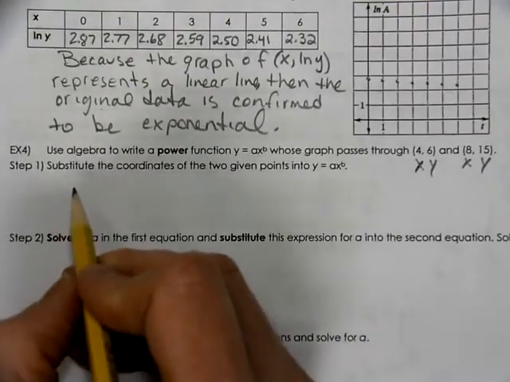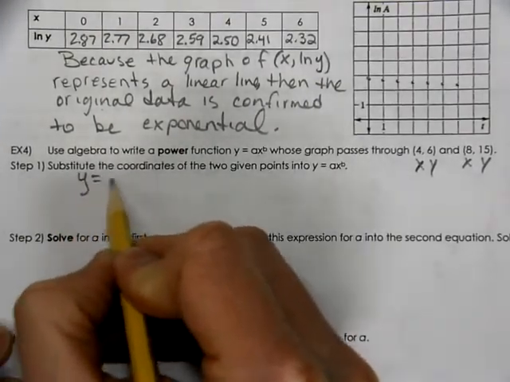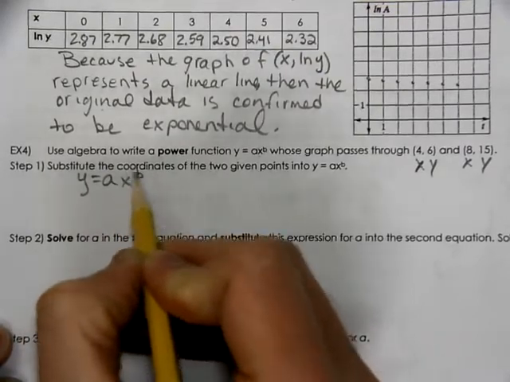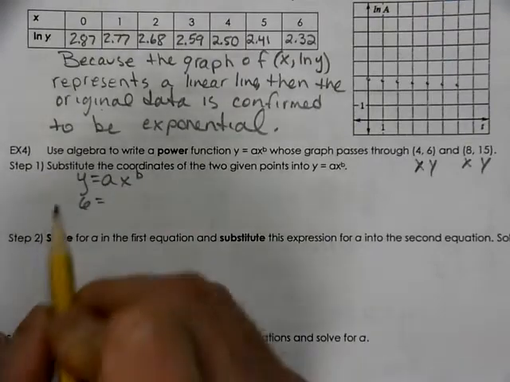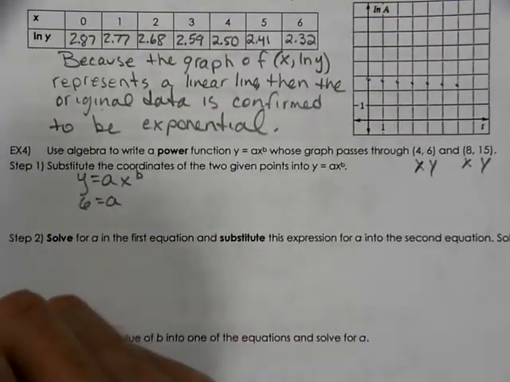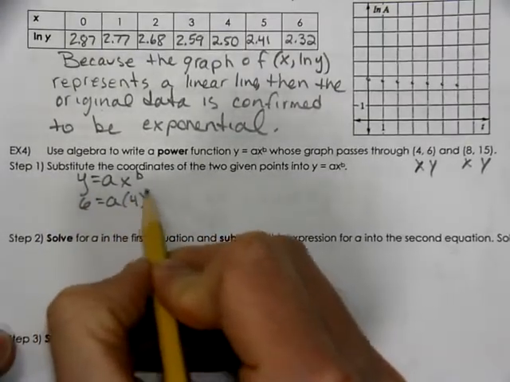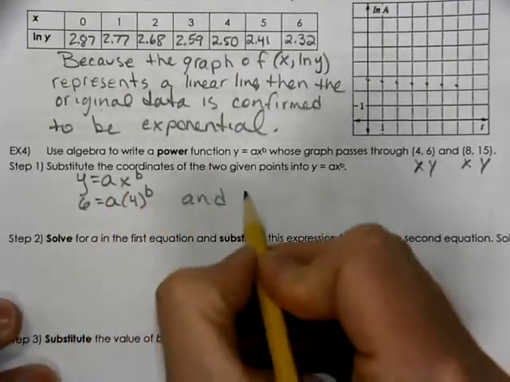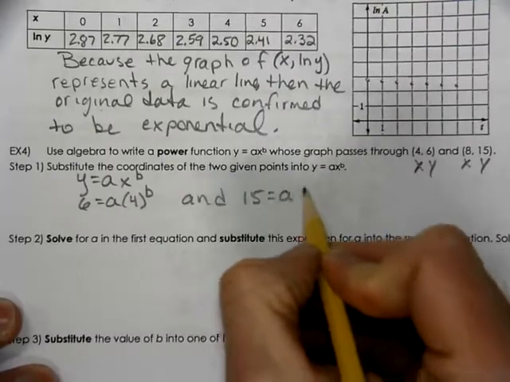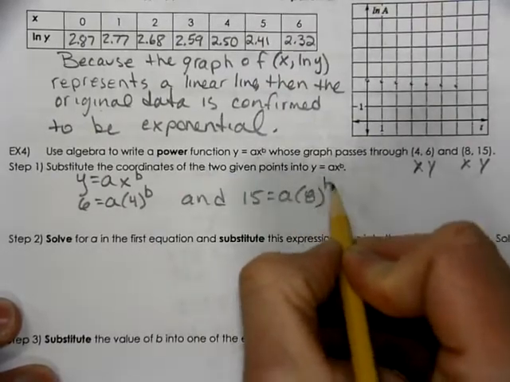So just like we did before, this time we have y equals a x to the b. We're going to plug our y values in for the y. We don't know our a. The x value is 4, so 6 equals a times 4 to the power of b. We also have another point, 15 equals a times 8 to the power of b.